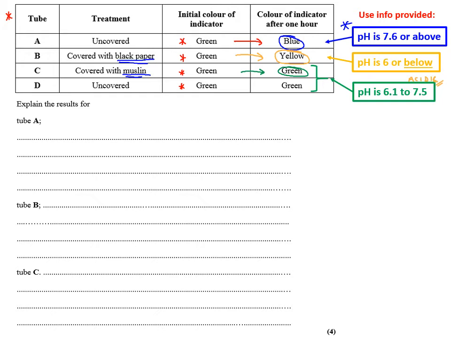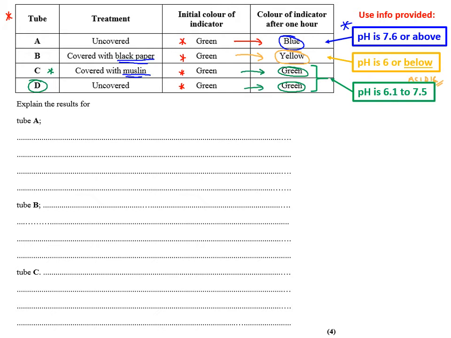The uncovered control experiment, D, where we had no aquatic plant, starts green, and at the end of 1 hour it has also remained green. Because we don't get any photosynthesis or respiration with no aquatic plant in tube D, and the indicator remains green, this suggests that there's not much happening in tube C in relation to photosynthesis or respiration.